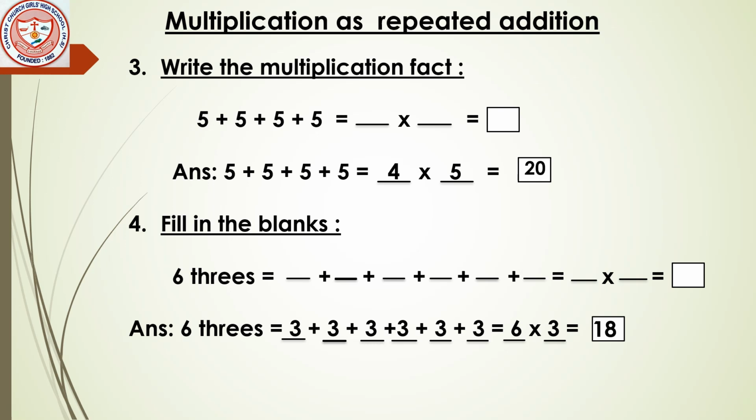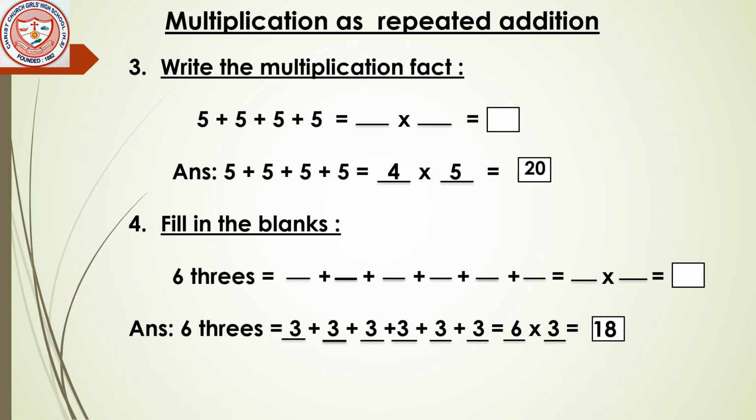So count how many times 3 are written here. How many 3 are written here? Yes, 6 times. So we can say like this also. 6 threes is equal to 6 into 3.